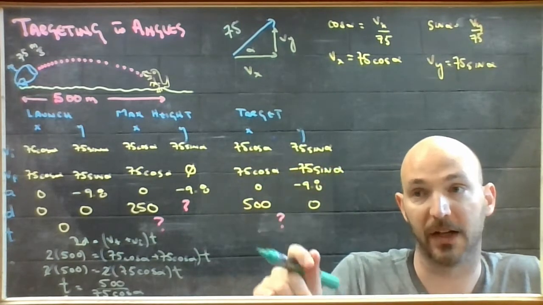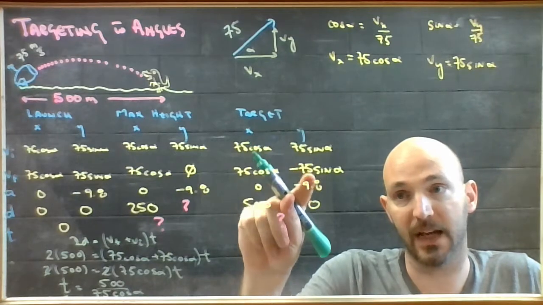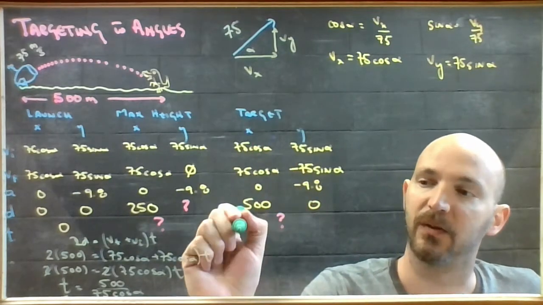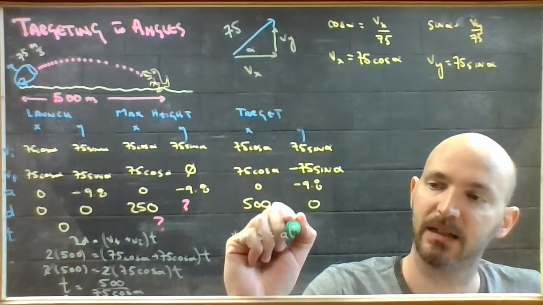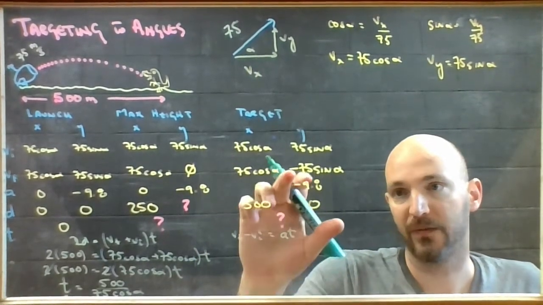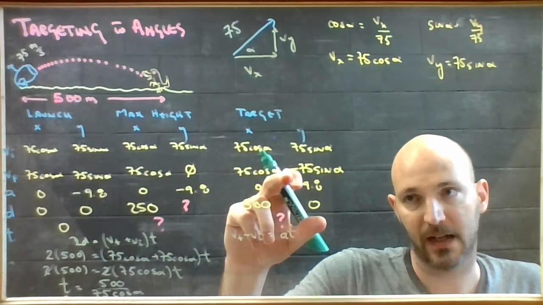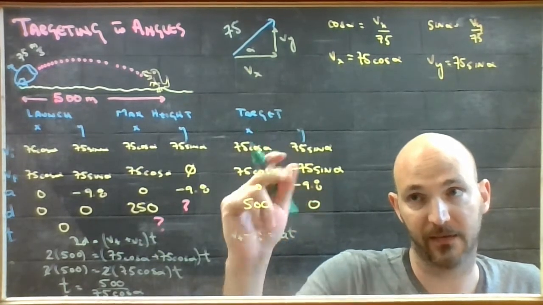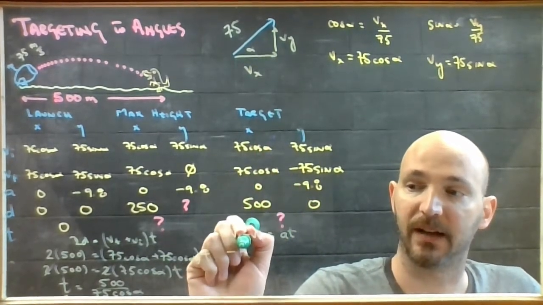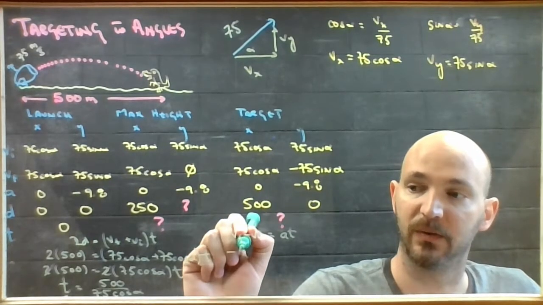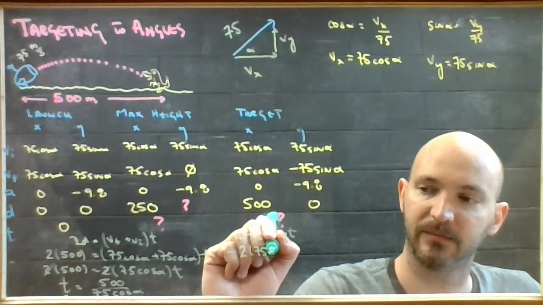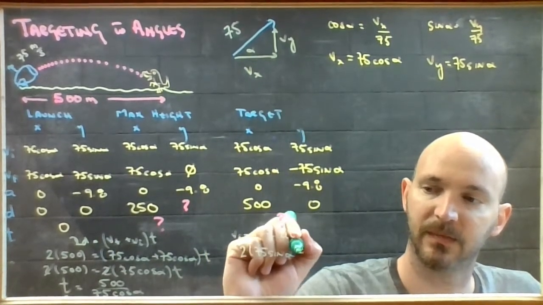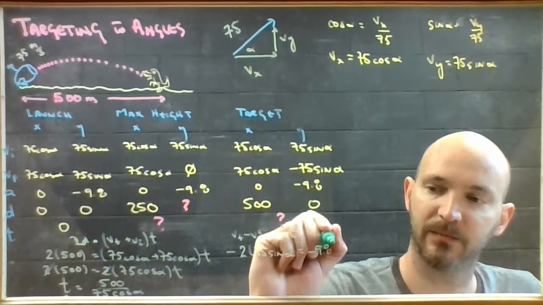Using the vertical information, I'm going to combine VI, VF, A, and T. So VF subtract VI equals AT. V final is negative 75 sine alpha. Subtract 75 sine alpha would be subtract 2 times 75 sine alpha equals negative 9.8 t.